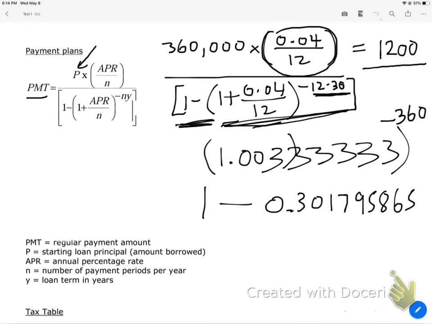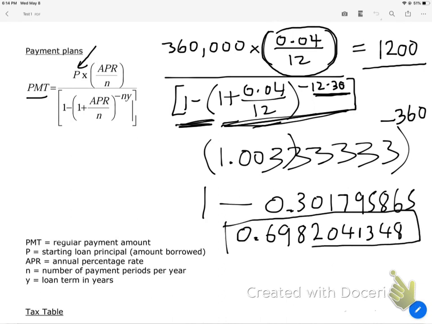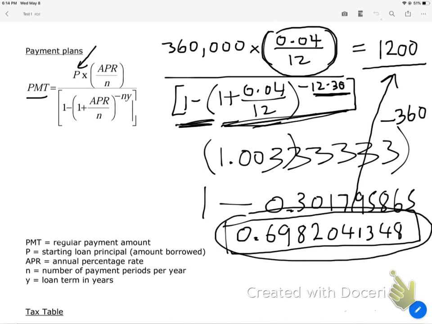What this is, is 0.69820413488, and it keeps on going. That, of course, is now my denominator. So I'm going to go up here and do 1,200 divided by this number.